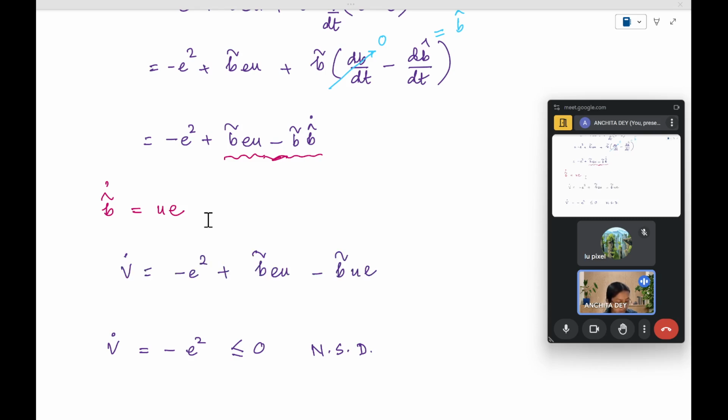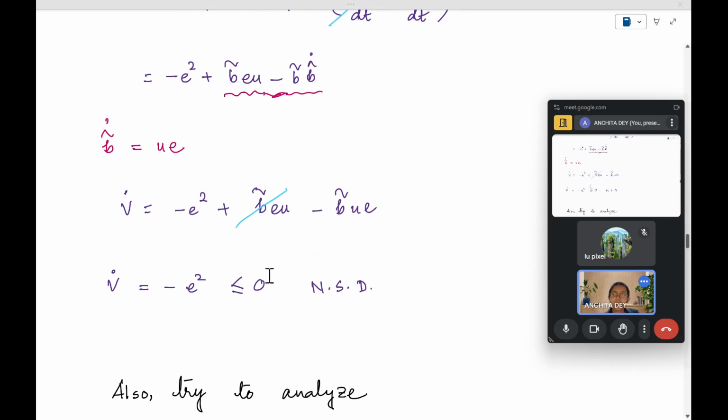You can write either since it's a scalar case. And then these two get cancelled. You are left with only minus e square, which is less than or equal to 0. And you can of course do the LaSalle's invariance principle analysis and then come up with an idea of what happens to this convergence scenario, right?